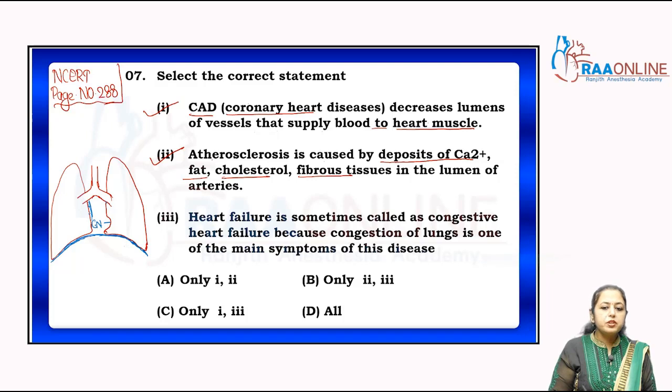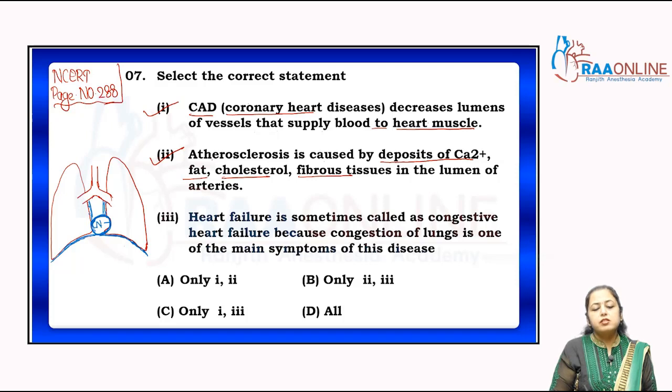So there is no appearance of the symptoms exactly, but we can say that due to the congestion of the lungs, which is the specific symptom of congestive heart failure, excessive pressure is exerted around the heart and heart wall.